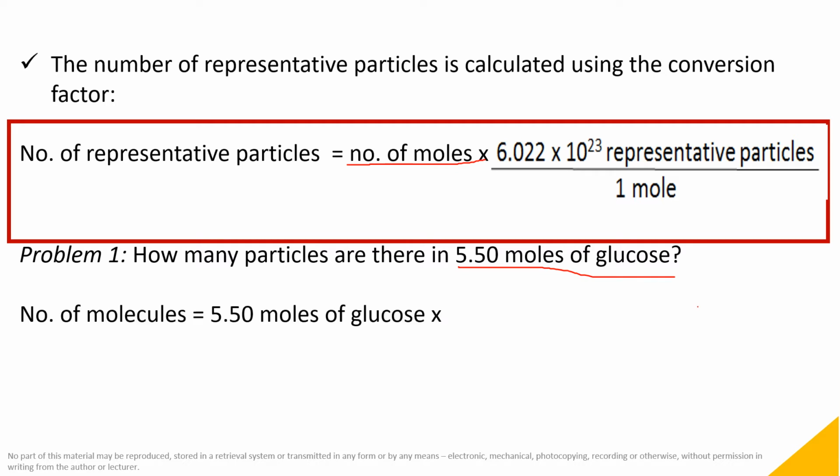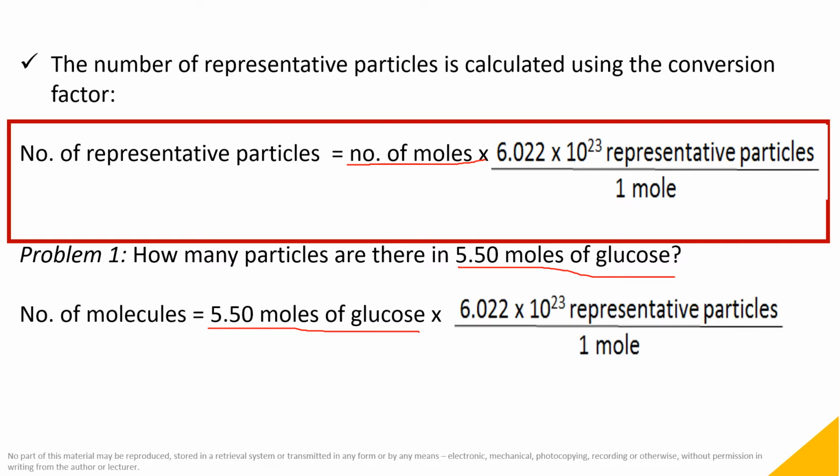Therefore, we're going to write number of molecules equals the number of moles. So the number of moles would be 5.50 moles of glucose multiplied by Avogadro's number over 1 mole. So 5.50 moles of glucose times 6.022 times 10 raised to the 23rd power representative particles over 1 mole.